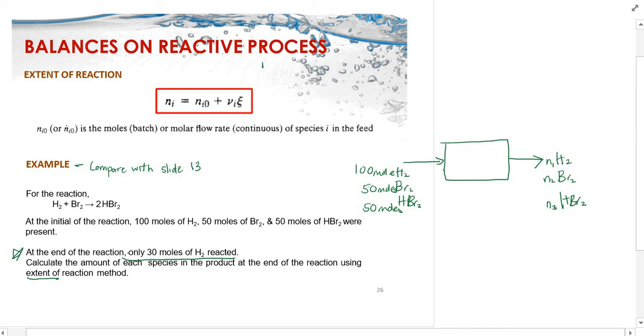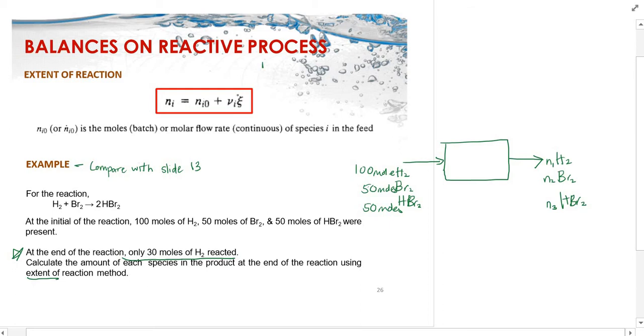Here they give you the most important information: at the end of the reaction, only 30 moles of hydrogen reacted. So if initially you have 100 moles and only 30 moles react, at the end of your reaction you have 70 moles of hydrogen. 100 minus 30 is 70.